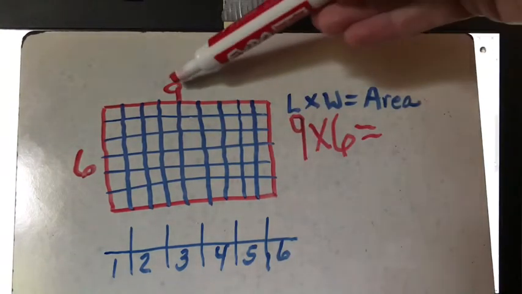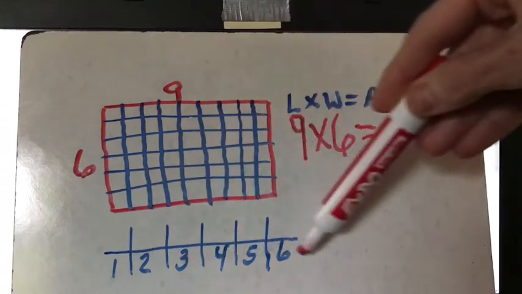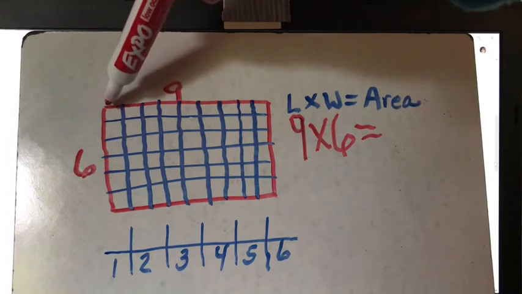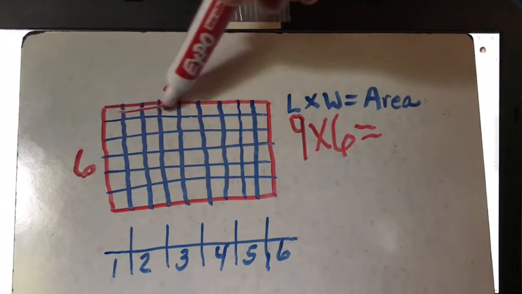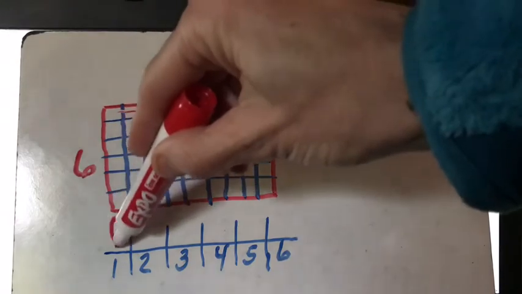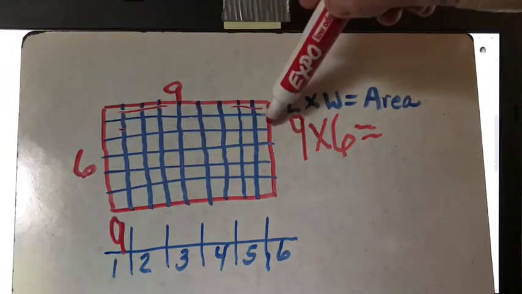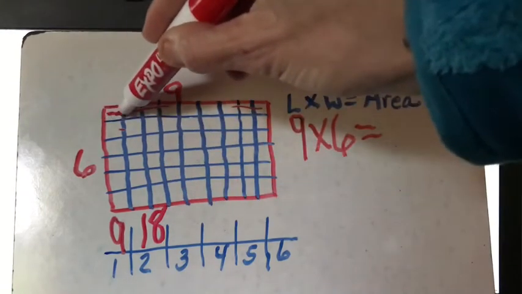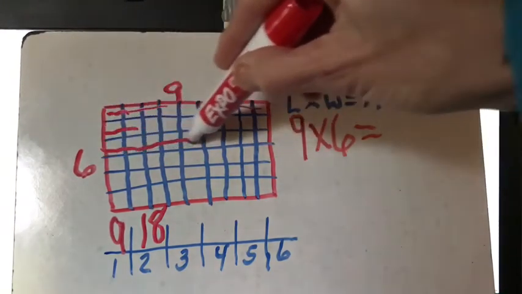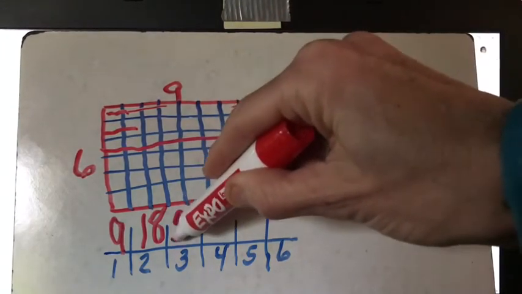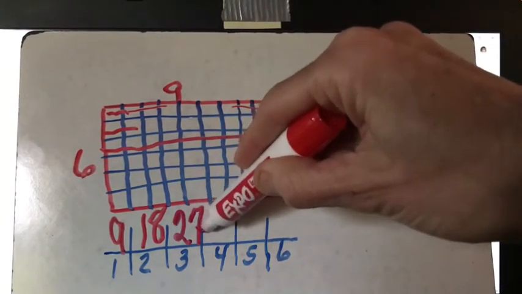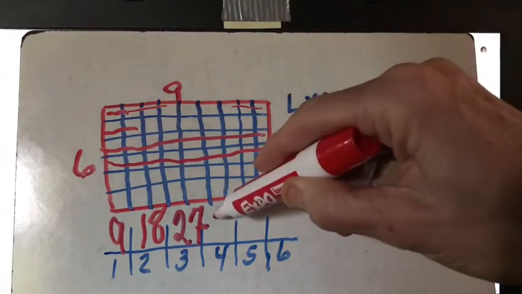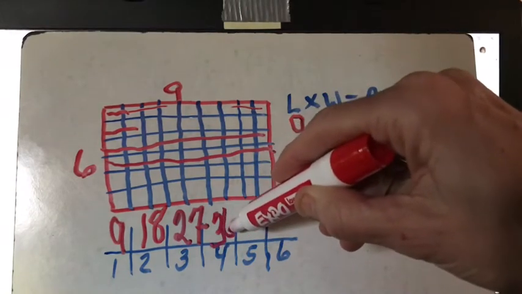So I can take my 9 times 6 and get my area. I could also take 9 6 times, so I made a little chart here, and if I count by 9s, so if I have 1 9 going across, I have 9 square units. I have another 9, 9 plus 9 is 18. My third row of 9 would be 27. If I add 9 to 27, 27 plus 9 is 36.